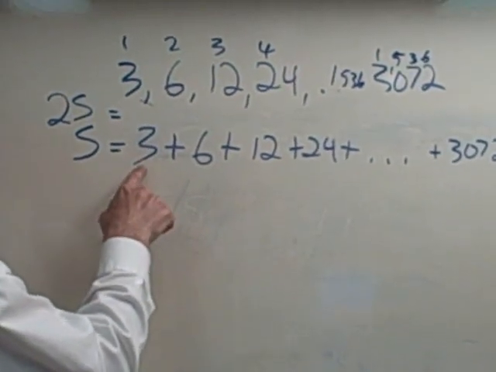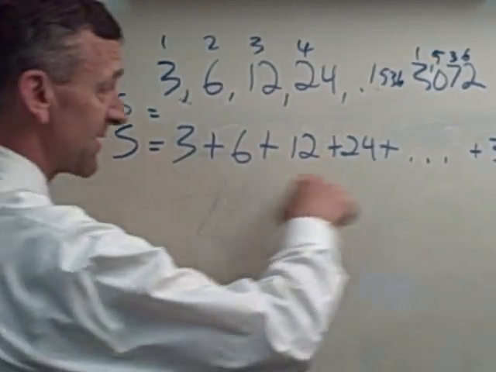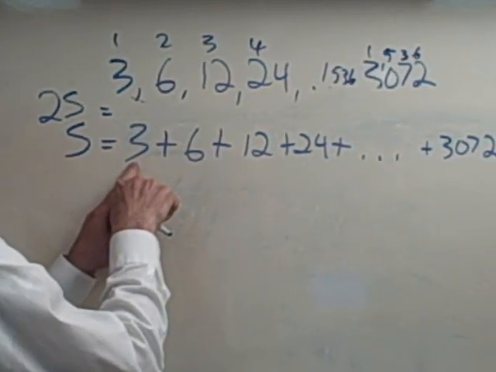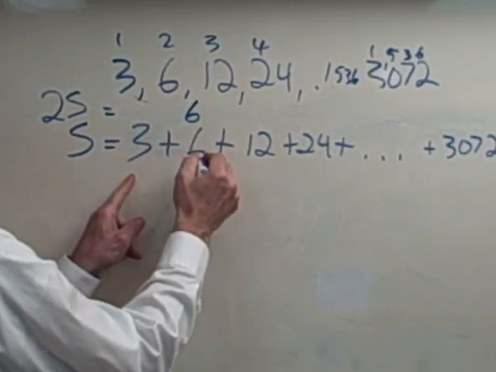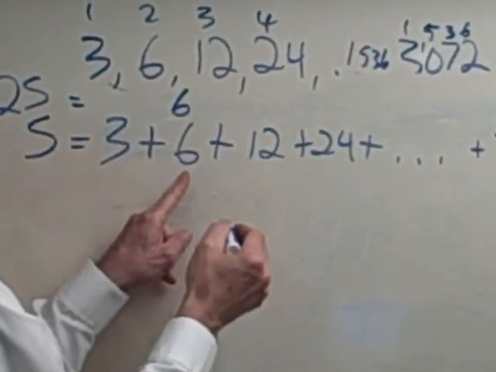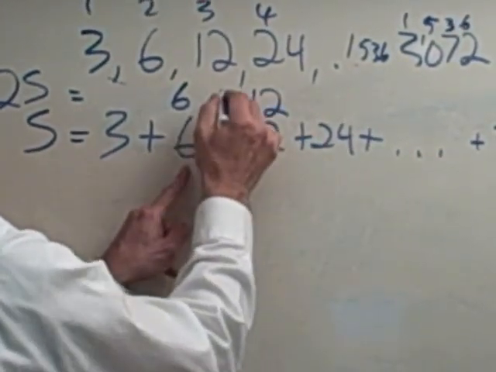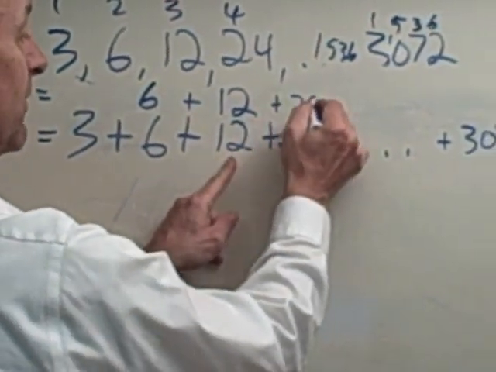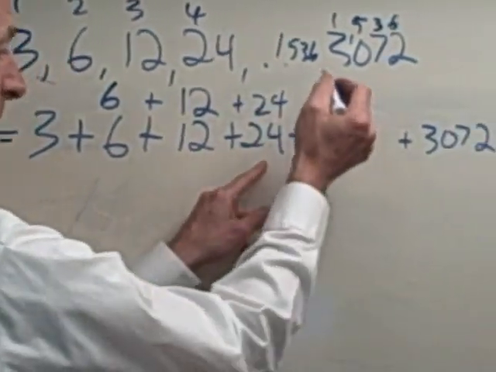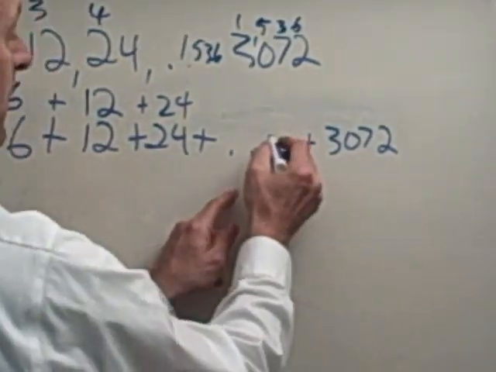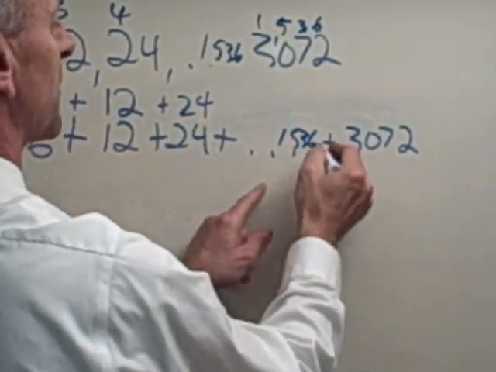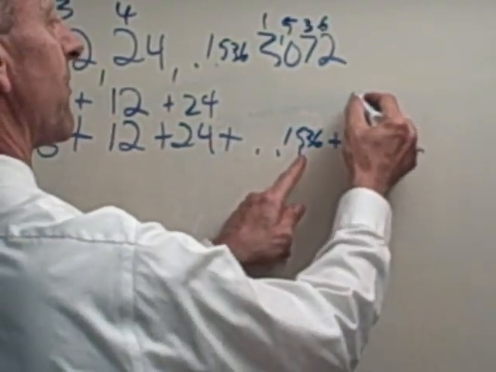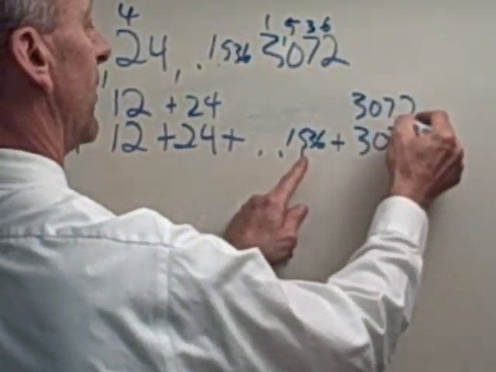Then we will take 3 and times this whole thing by 2, which gives me 6. I'm going to write it right over here. Timesing this by 2 gives me 12. Timesing 12 by 2 gives me 24. And then I'd have a 48, etc. And the 1536 that was right here before that, when I times it by 2, I'm going to get 3072.